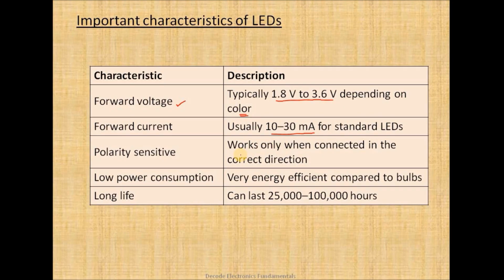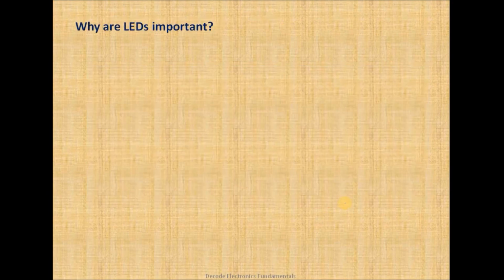The polarity sensitivity is also there. LEDs consume low power. They are very energy efficient when compared to normal CFL bulbs, and of course they have a long life which can last up to 25,000 to even 1 lakh hours.